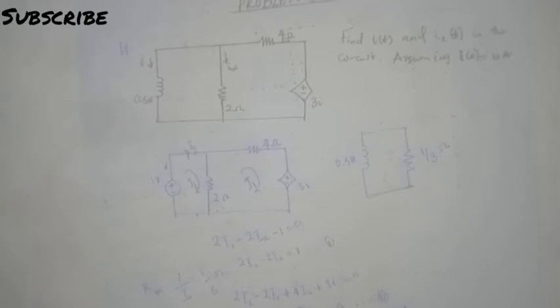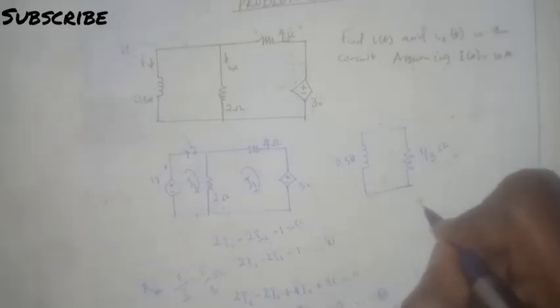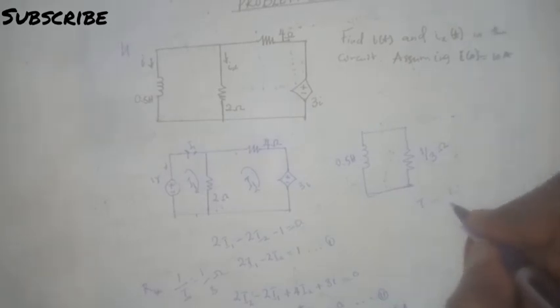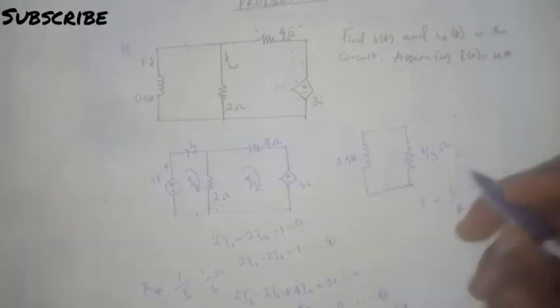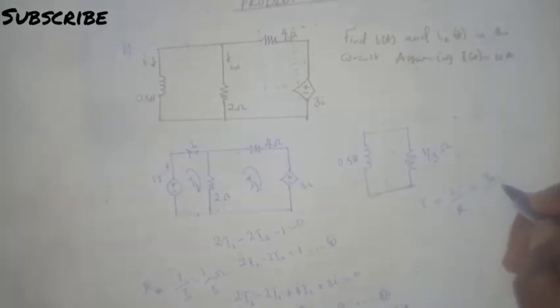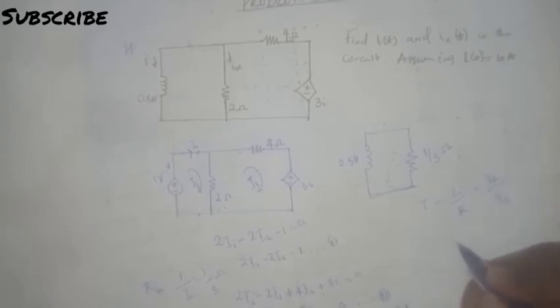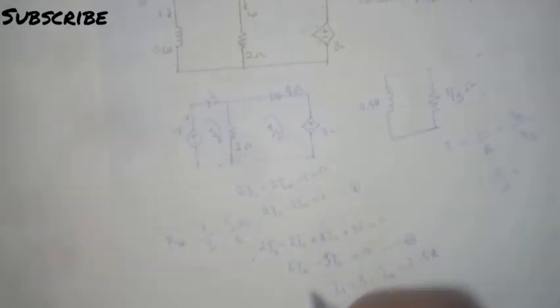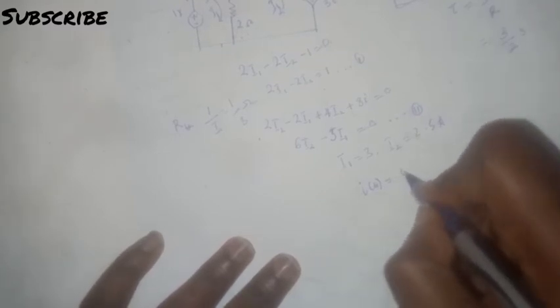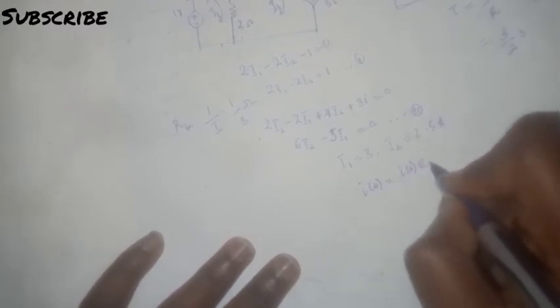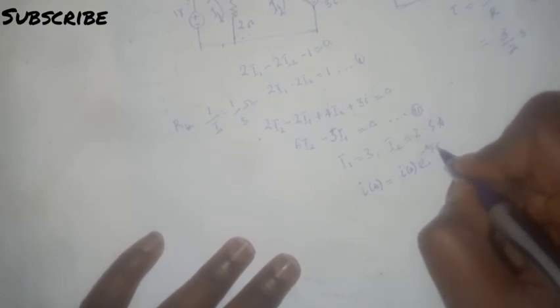Now, with this much information, we'll be able to calculate the time constant tau for this RL circuit, which is L over R, and this is going to be 0.5 over 1 over 3, and that would be 3 over 2 seconds, or 1.5 seconds. And recall that i(t) in an RL circuit is I naught e raised to power minus t over tau.